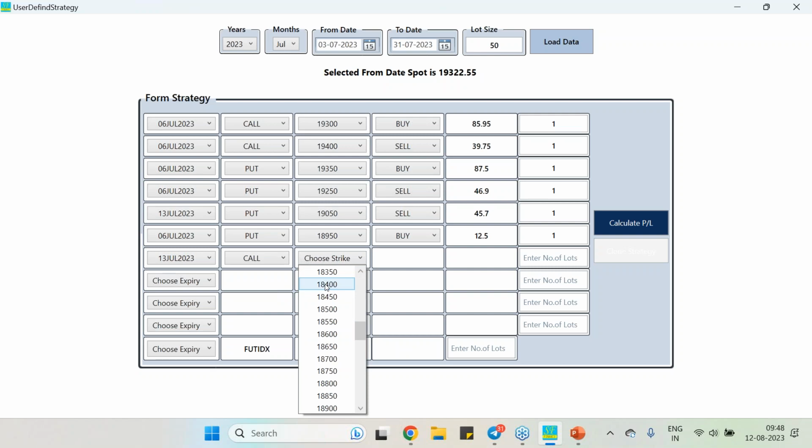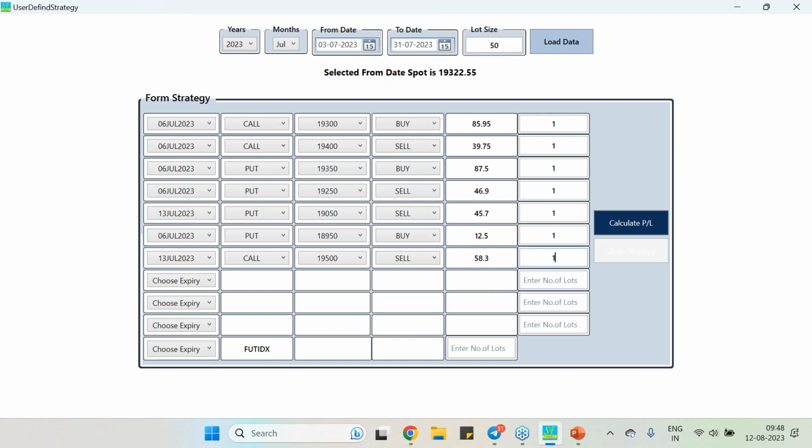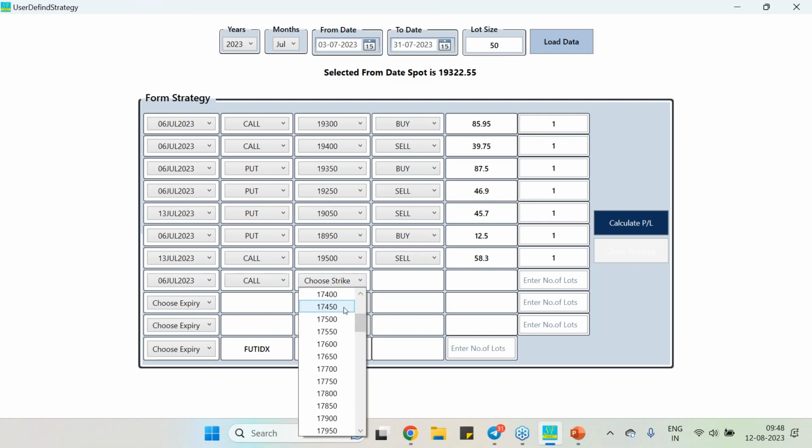I should get 46 rupees, at least 46 rupees means 32 rupees I should get. So I can go for the 19,600 call. Let me see, 500 call. So 13th July, 500 call 50. Here 58, I'm selling it here. And I am going for 6 July call options, and that too 19,600 or so.